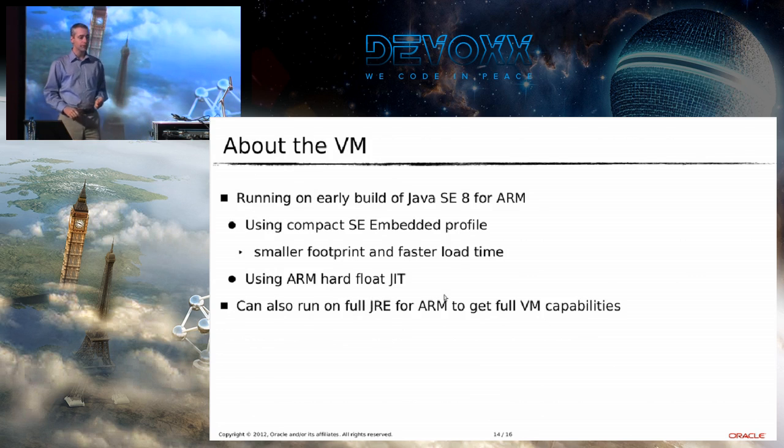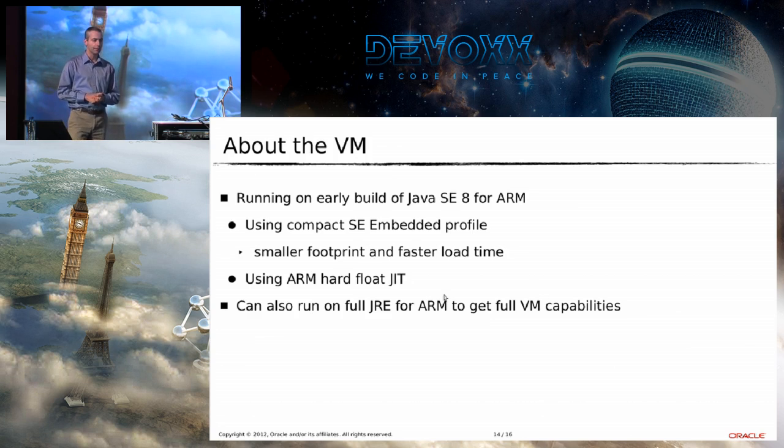Okay, so the VM we're running on. Traditionally, the Java SE embedded VM has been large. It started at something like 32 megabytes for running with no graphics support. This stack we're running on this device is about 20 megabytes, including JavaFX, VM, and core libraries, including everything.